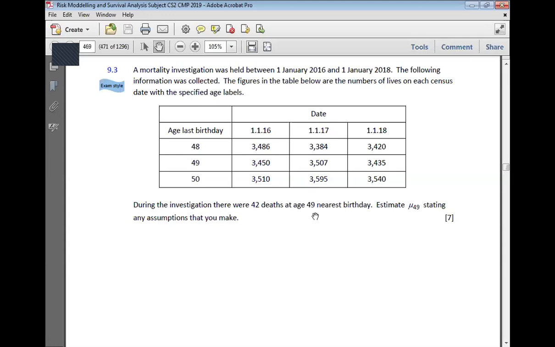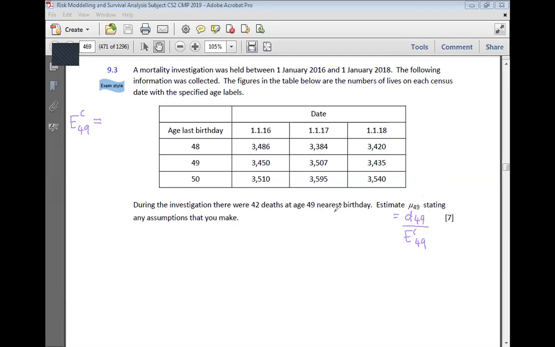So maybe the very first step that I should do is to write that I want to figure out EC49, right? And my mu of 49 is just going to be B49 upon EC49. So remember, not always your mu x will give you dx upon ECX.